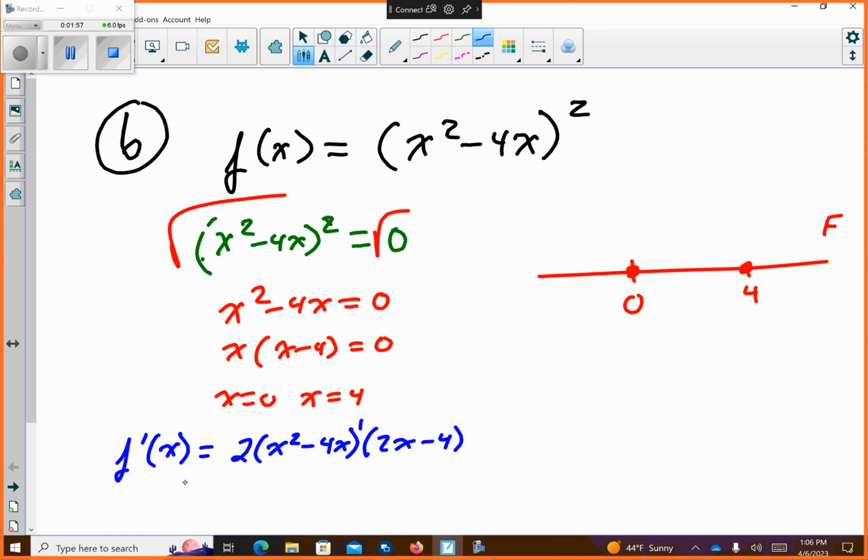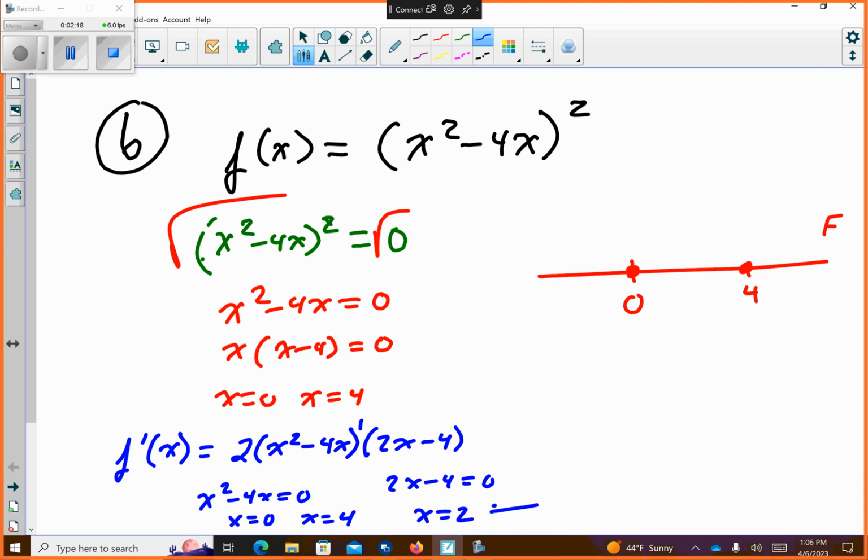Then I set the derivative equal to 0. That gives me x squared minus 4x equals 0, and 2x minus 4 equals 0. Solving each, I get x equals 0, x equals 4, and x equals 2.